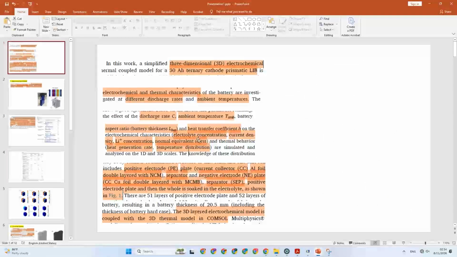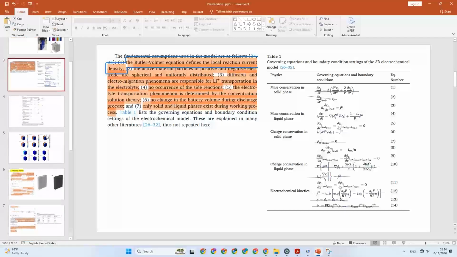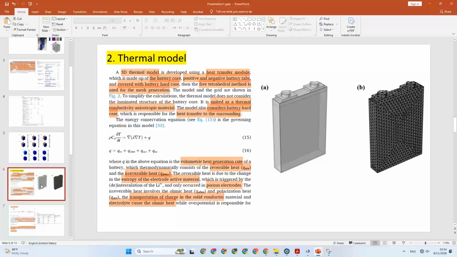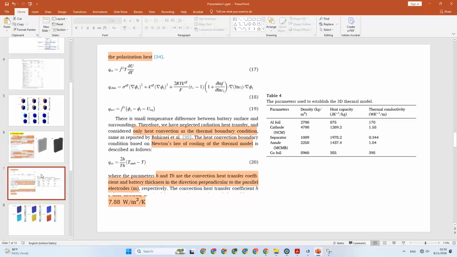Because here also, let me see, positive electrode Al, negative electrode Cu foil. This author is so weird to me because they talk about positive, negative, anode, cathode.